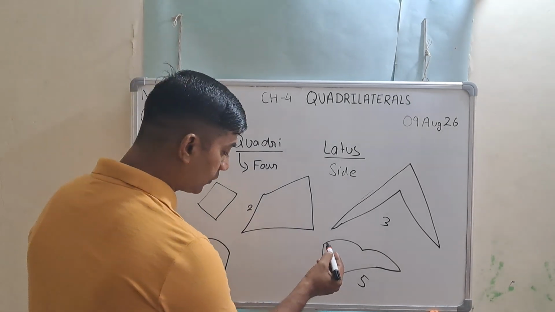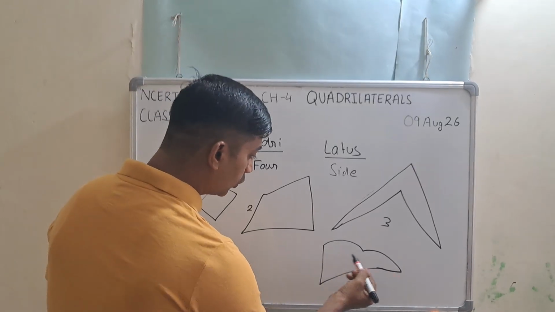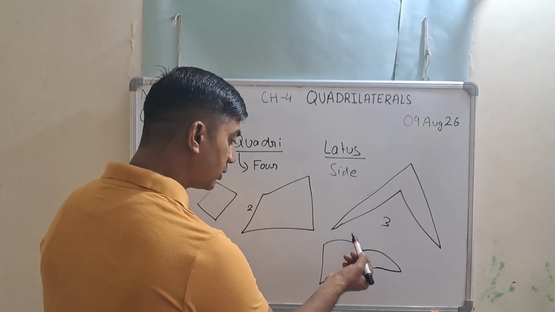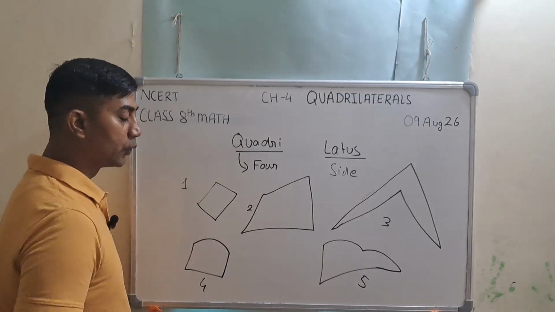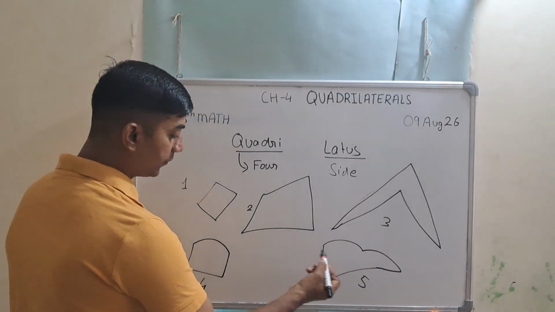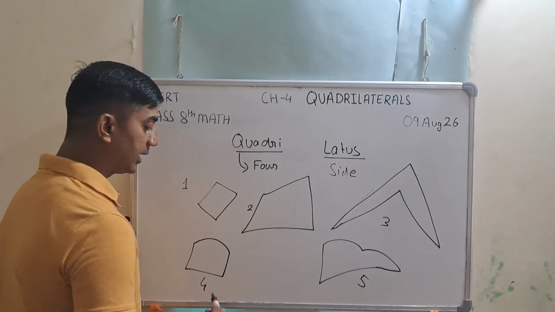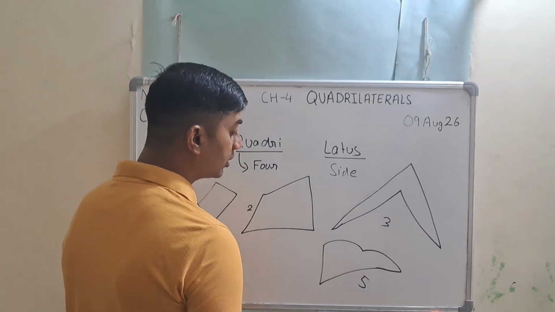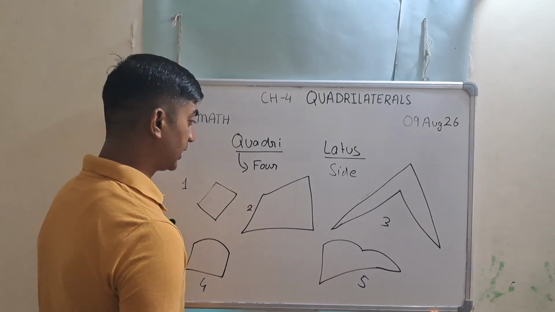And in this figure we have two line segments and two curves. Though all these figures are having four sides, figure number 4 is having one curved side and figure number 5 is having two curved sides.